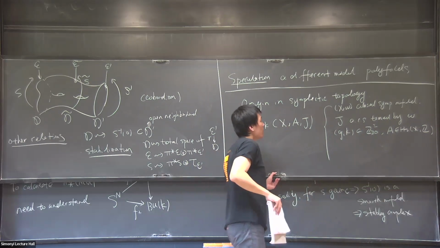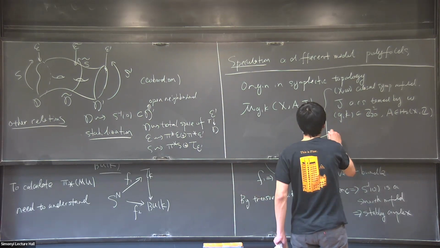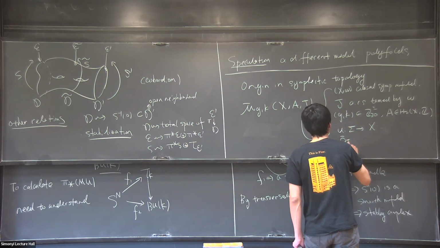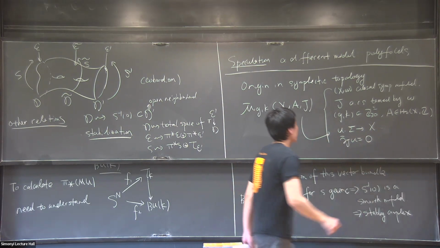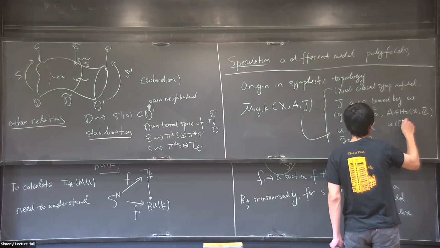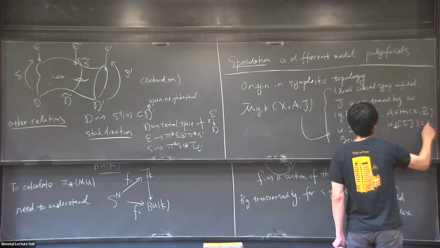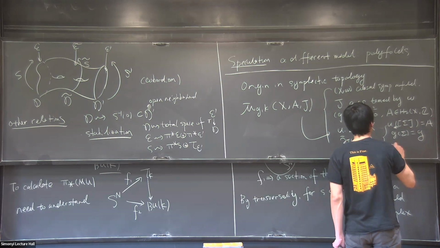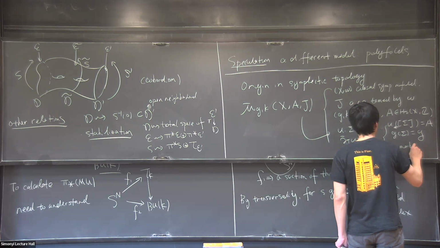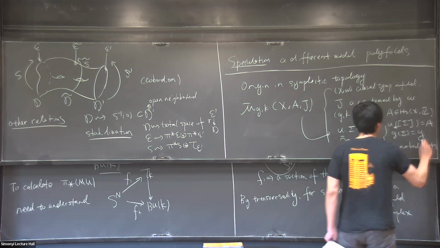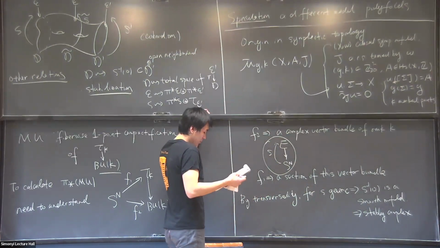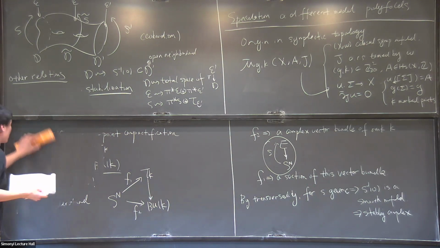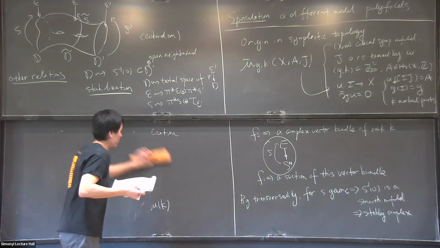This space describes maps from surfaces, the manifold which solves the Cauchy-Riemann equation, and the homology class represented by this map is given by A, the genus of this surface is G, and it has K marked points. So that's a moduli space of pseudo-holomorphic curves with some topological data prescribed.